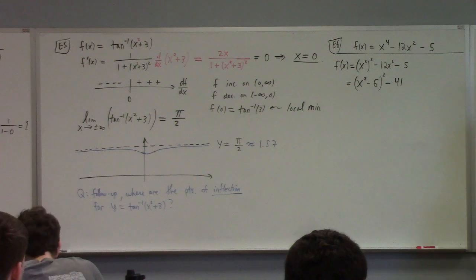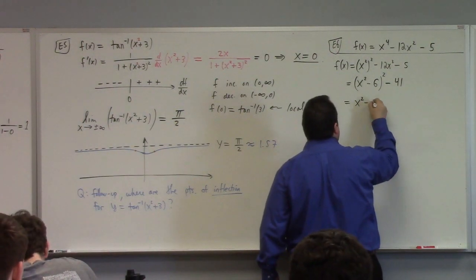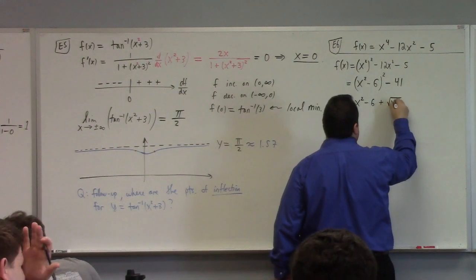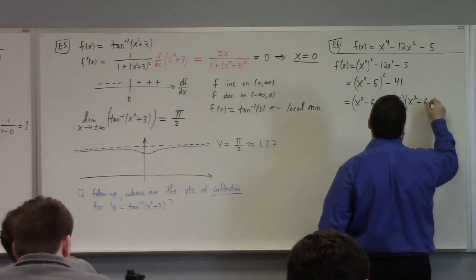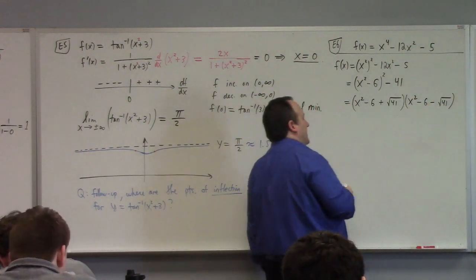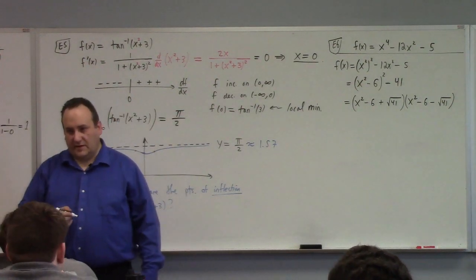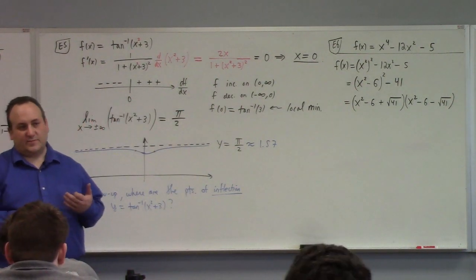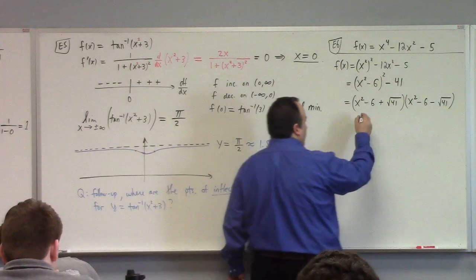And as such, this factors into x squared minus 6 plus root 41. It ain't pretty. And x squared minus 6 minus root 41. Now, the square root of 41 is larger than 6. So square root of 41 minus 6 is positive. Therefore, the first factor here is in fact prime.